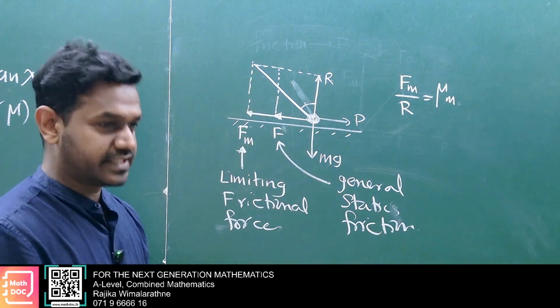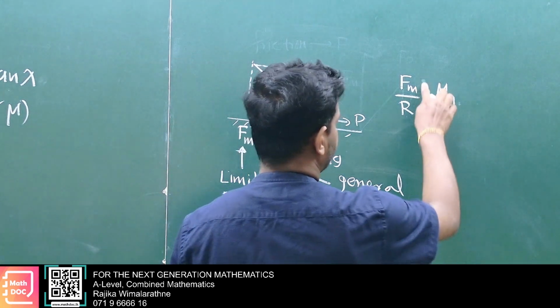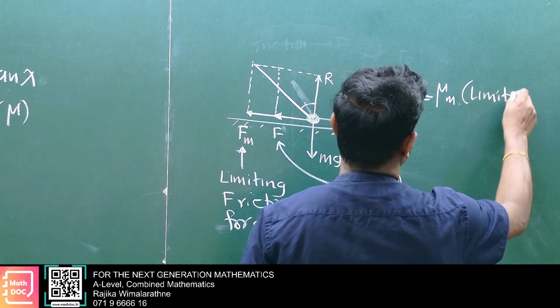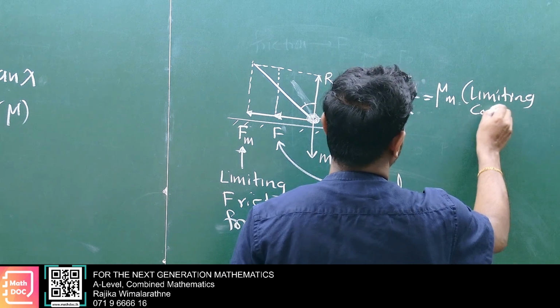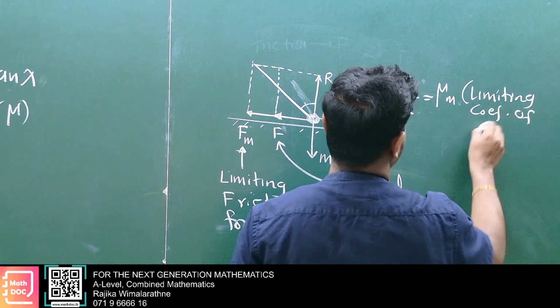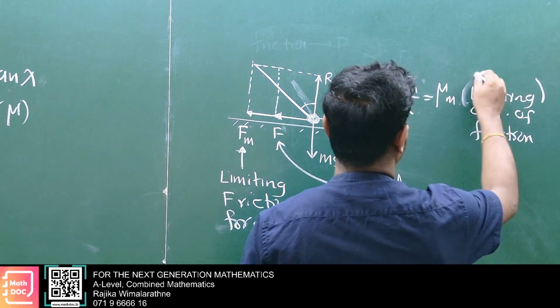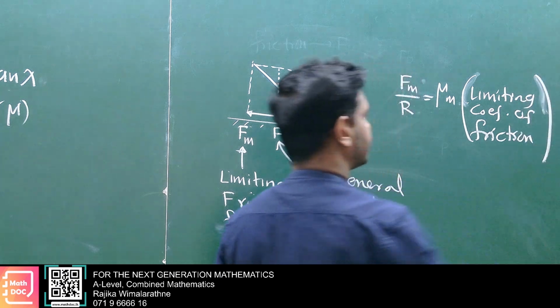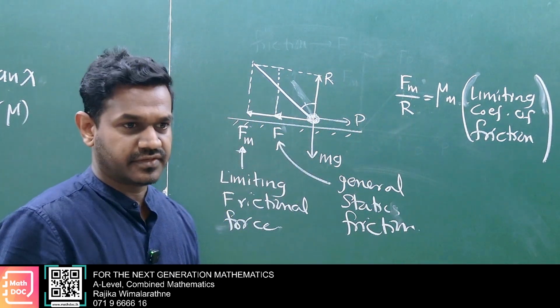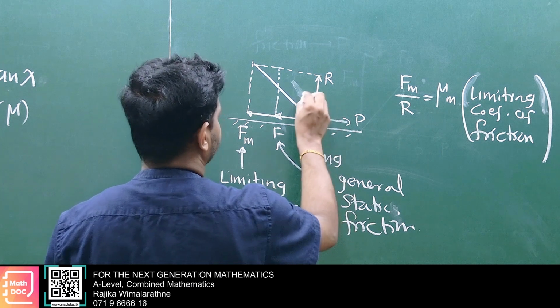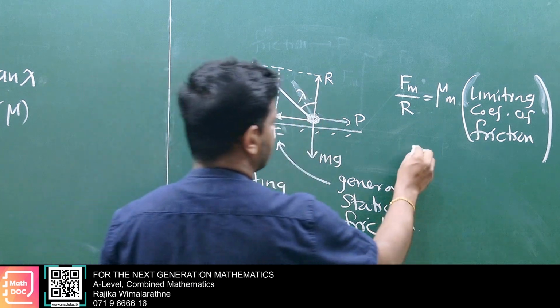That is the limiting coefficient of friction. Fm over R is mu m. You take this angle lambda, the angle of friction.